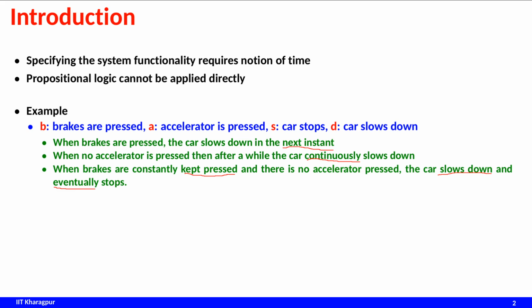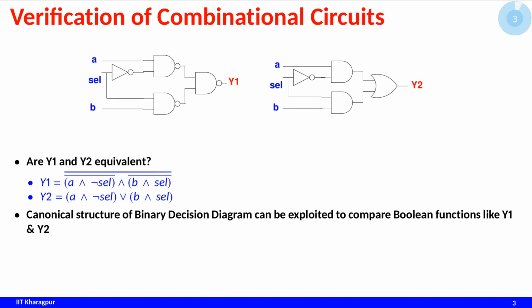Now let us look into a few other things. I said that verification is one of the major domains where we will require this. So let us look into this problem very quickly. Let's say I want to verify a combinational circuit, and I'm pretty sure you are familiar with what a combinational circuit means.